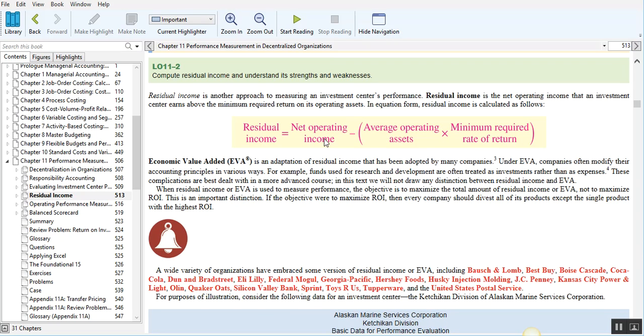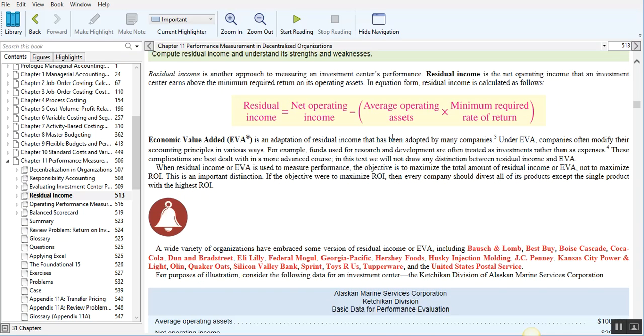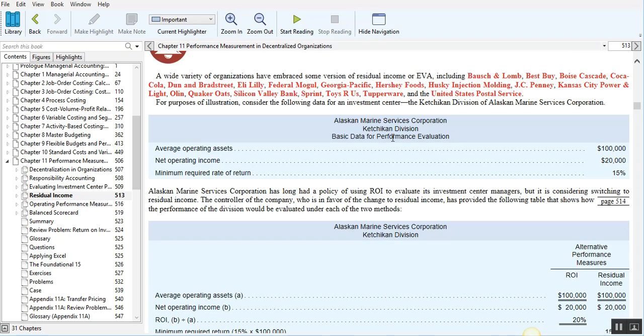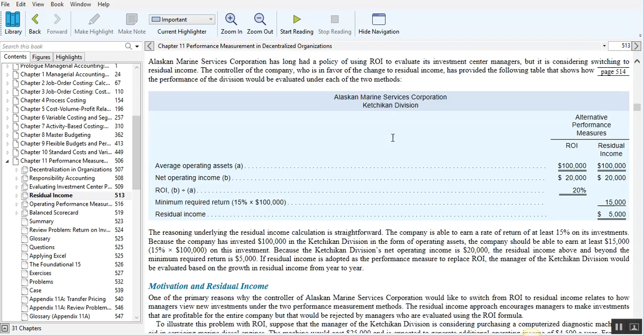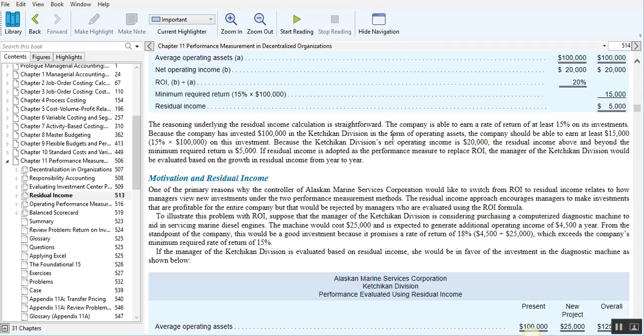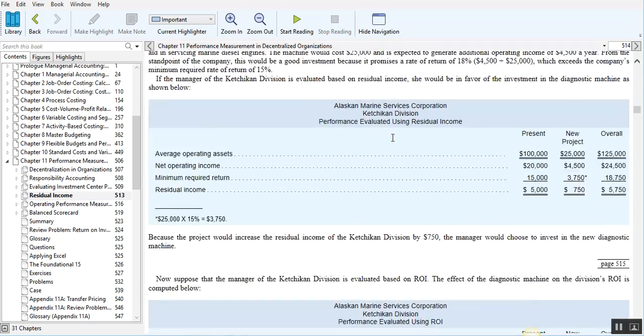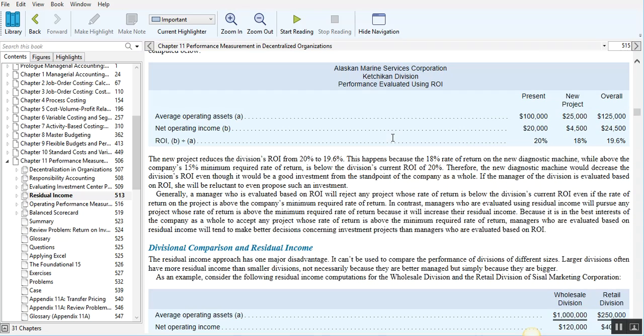That measurement, by the way, is actually a comparison against what we have as net operating income. When we do ROI, we're strictly looking at what our net operating income is. This measure will tell us whether we exceed or do not exceed the minimum required rate of return that's been established by the company.